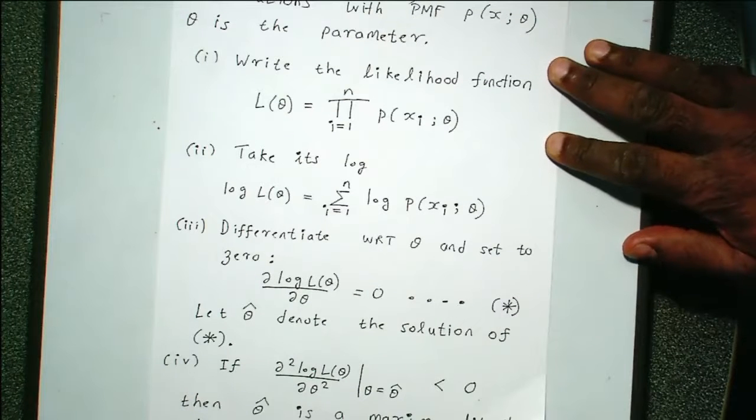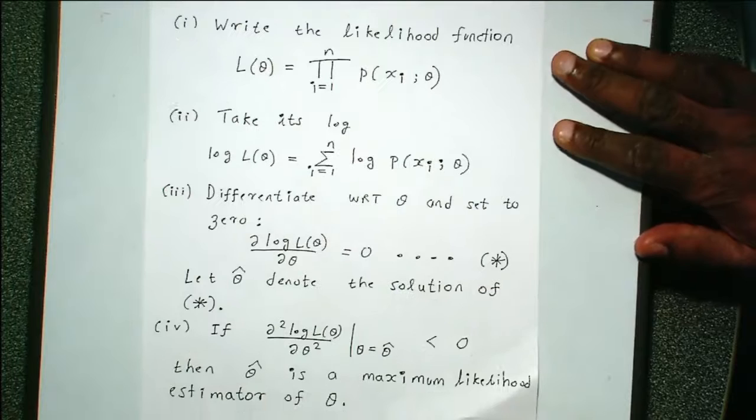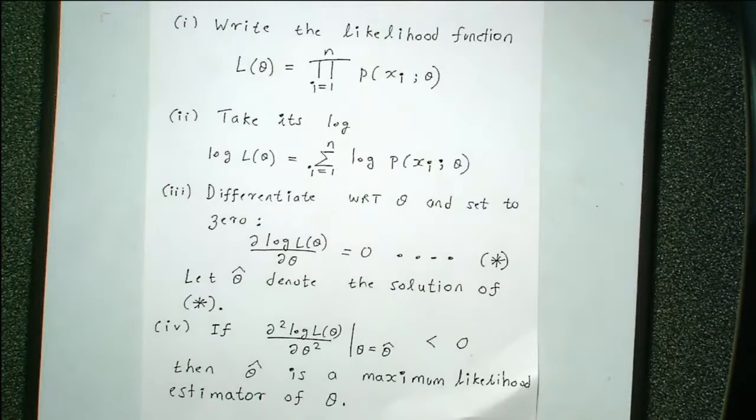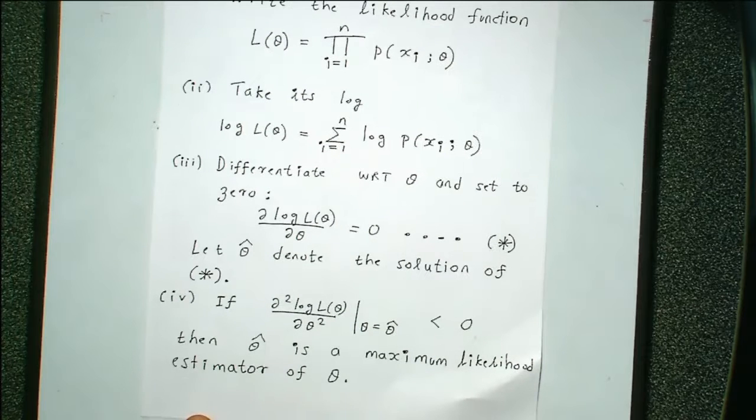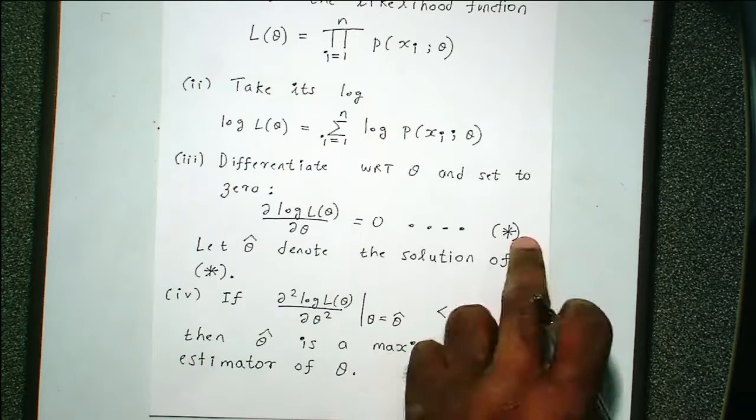So these are the 4 steps for the discrete case. Once again, step one is the likelihood function. Step 2, you take the log. Step 3, you take the derivative with respect to theta and set it to 0. And step 4, you take the second order derivative and show that it is negative at the solution for star.